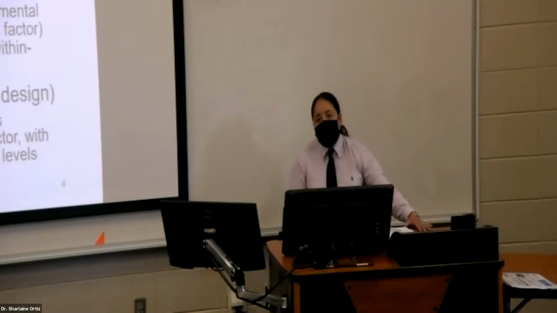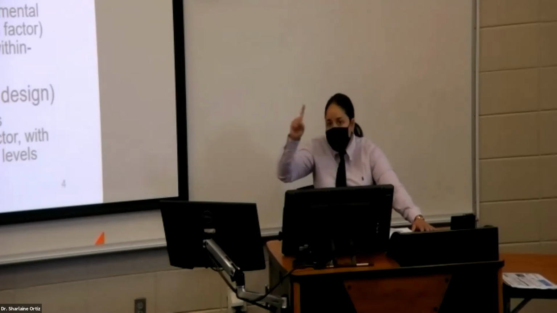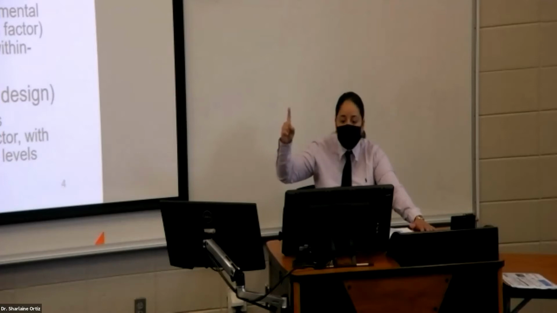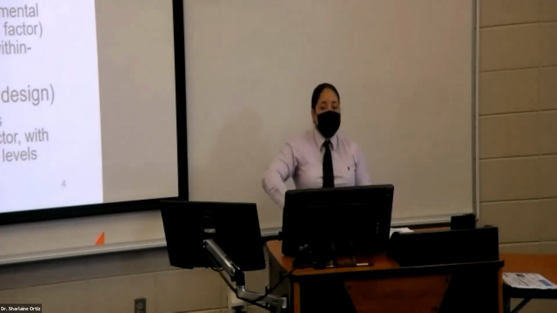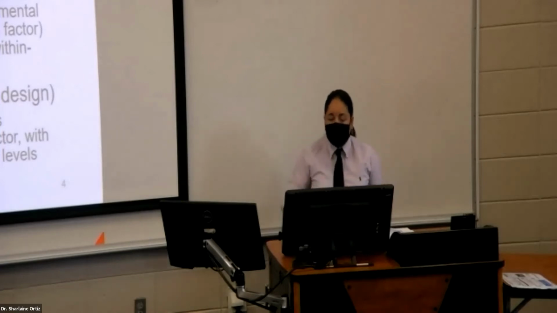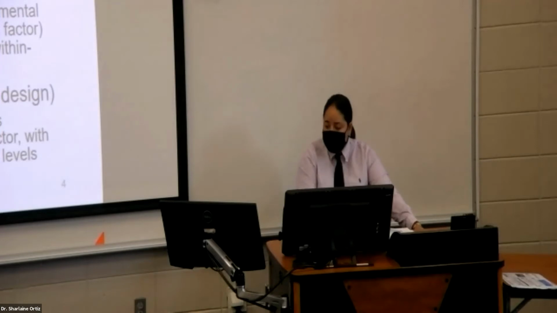It means that within this specific experiment, I'm not looking at just one factor that I am trying to manipulate. Generally, in this specific design, I'm looking for two factors that I am interested in manipulating, right? So the combination of levels of two or more factors.